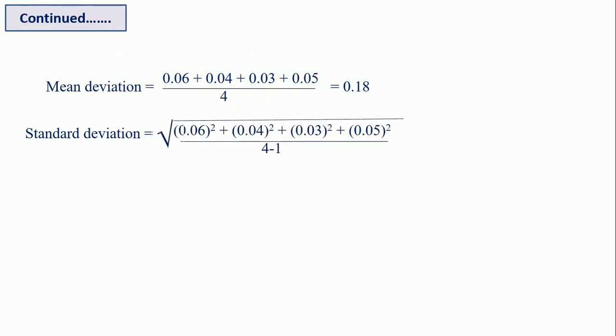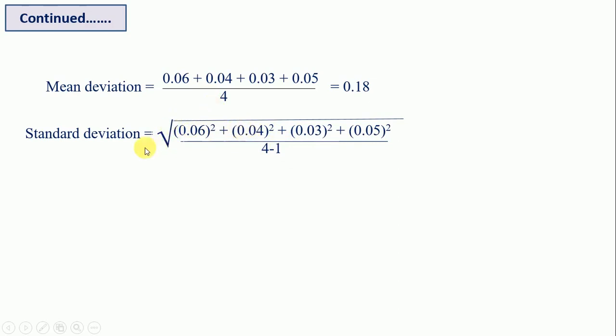The deviations delta 1, delta 2, delta 3, delta 4, squares of all these deviations divided by the number less than 1. There are 4 measurements, so it is 4 minus 1, and all these values are taken under a square root.